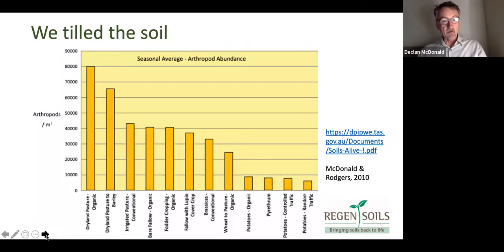We tilled the soil, and this is some work that I did in Tassie a number of years ago, and it ranged between pasture soils and potato soils. And what the graph shows is really the degree of disturbance associated with a range of different agricultural and horticultural enterprises. Basically, it's showing the more we till the soil, the lower the number of arthropods.